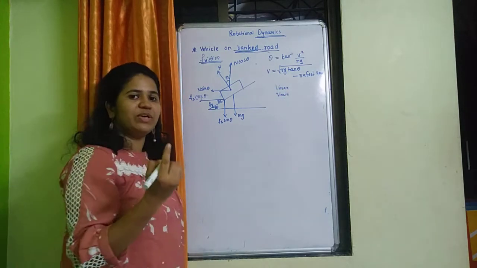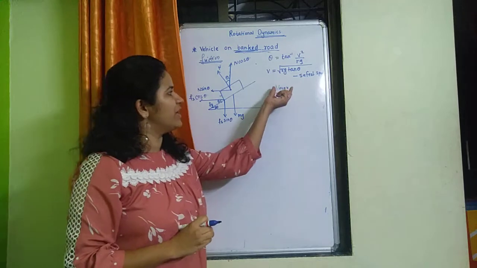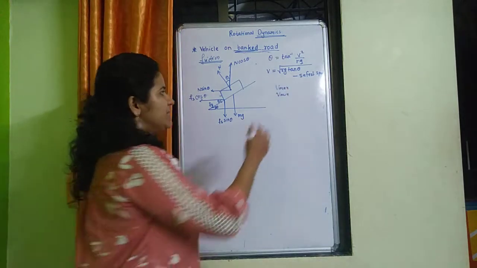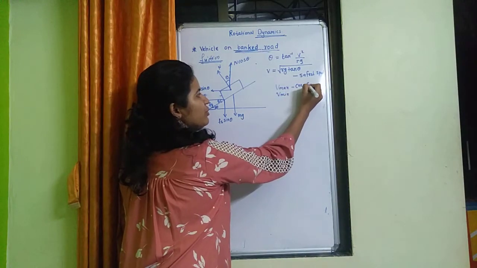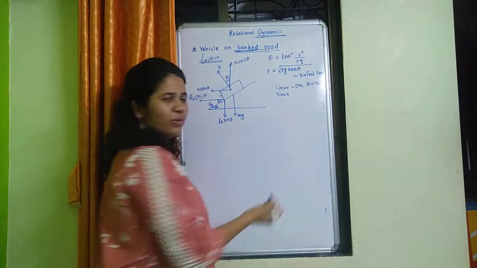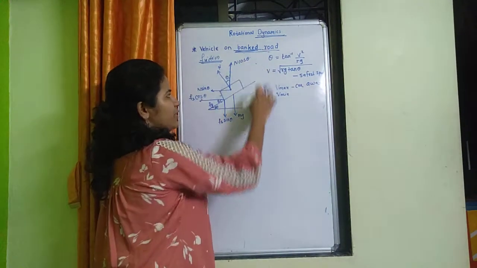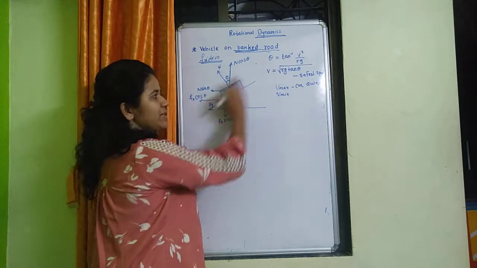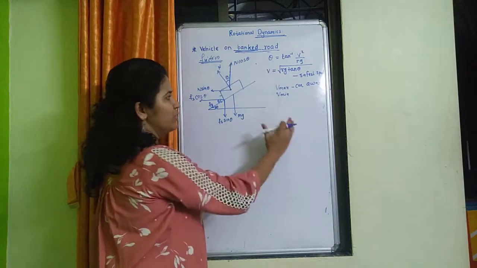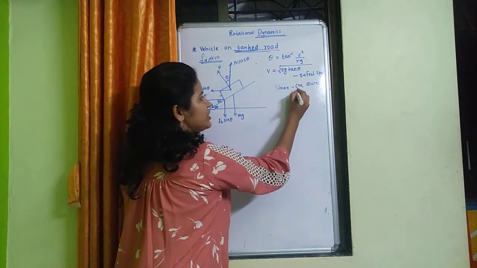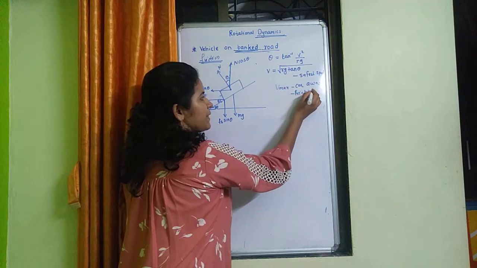Before this we know that whenever the speed is maximum, the car moves away from the road, that is away from the center. So that's why friction is inward.